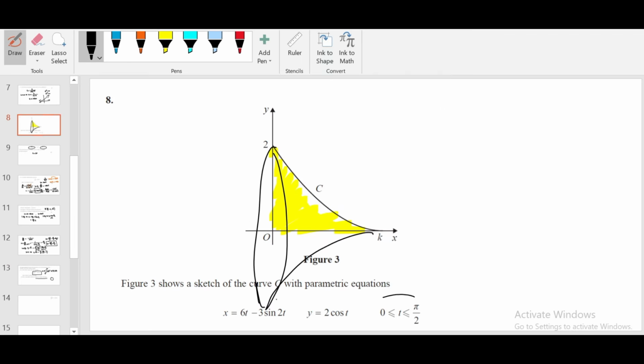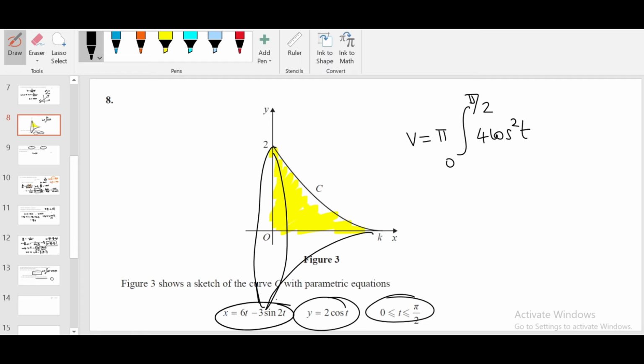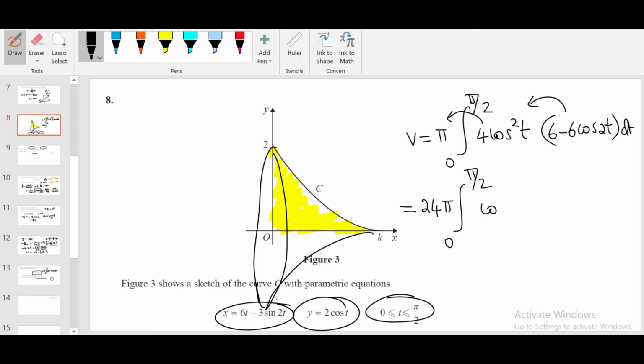Here the t is 0 to pi over 2, so the volume is going to be pi integral 0 to pi over 2 y square, which is 4 cos square t, and then differentiate x, you will get 6 minus 6 cos 2t dt. So you can take 6 as a common factor out, times 4, it will come out as 24 pi integral 0 to pi over 2 cos square t times 1 minus cos 2t dt.